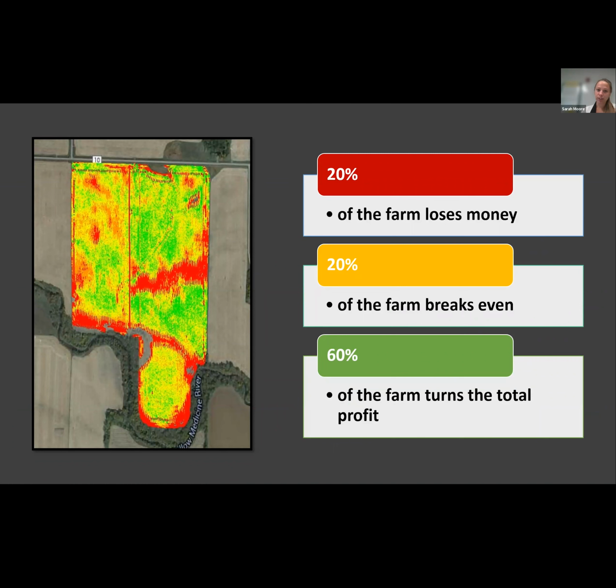So on average, across all farms across the entire United States, 20% of a farm is losing money, 20% is breaking even, and only 60% of the farm is turning that total profit. So when we're looking for ways to improve our farm, we want to target that low-hanging fruit, that 20% of the farm that is losing us money.